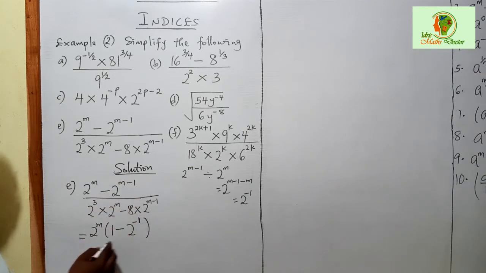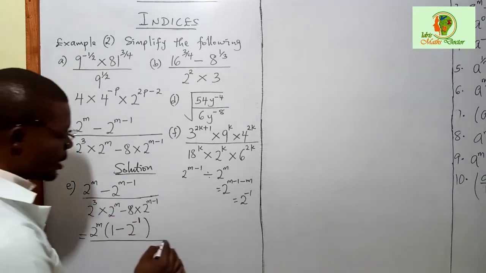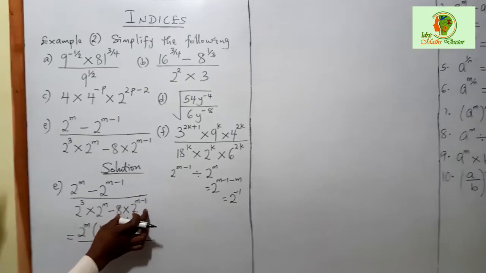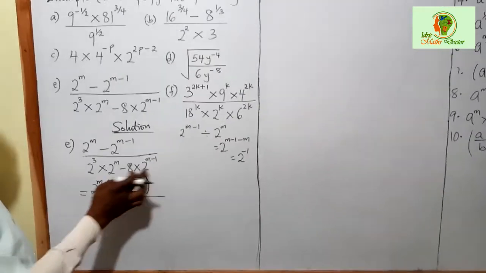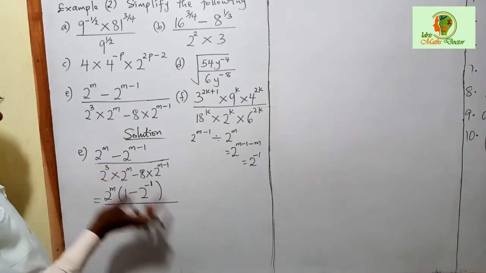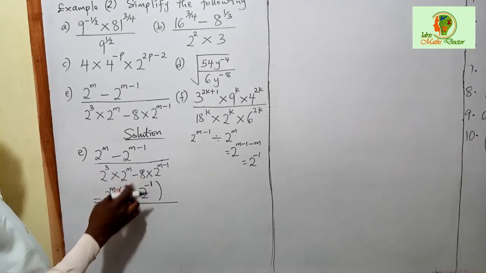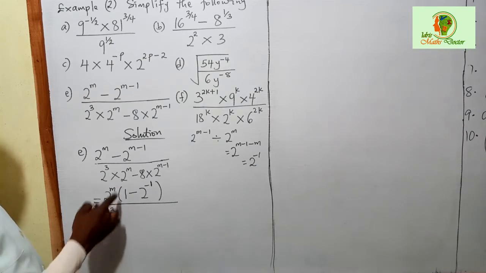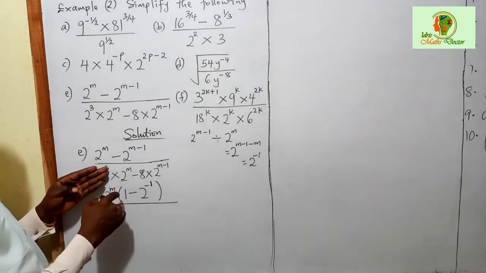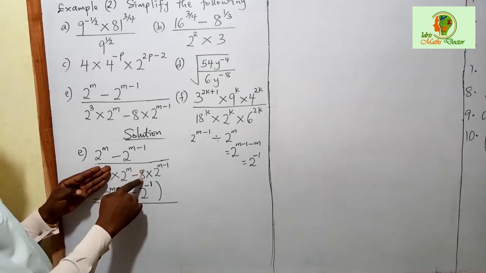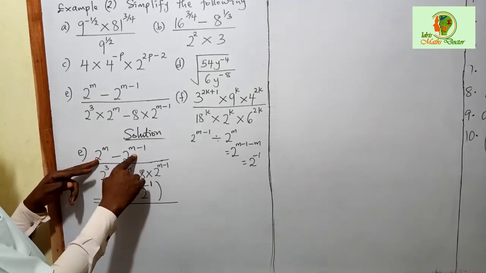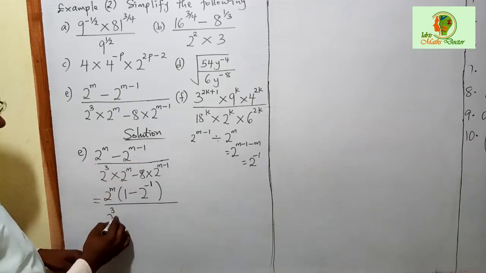Now for the denominator, look at this and look at this. What is common? This 2 raised to power 3 is 8, just as we have 8 here. So you bring out the 2 raised to power 3 because it's common. And also, if you ignore this 2 raised to power 3 and the 8, you discover that what we have left is more or less the same thing as what we have up here. So 2 raised to power m is also common.